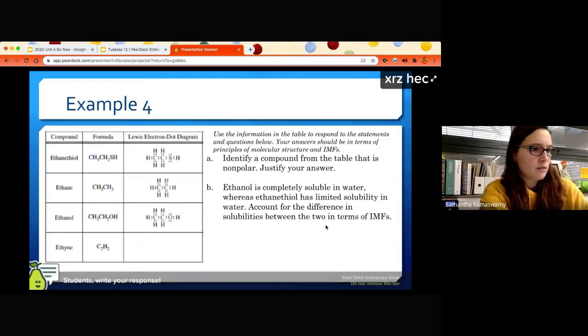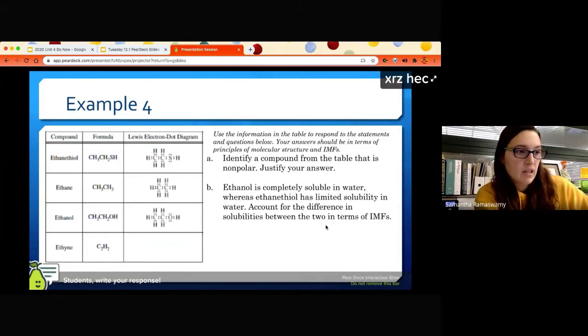For these responses, one of them says ethane is nonpolar because it's symmetrical. Good. Ethane is nonpolar because there's no pole towards any direction. It's even around the molecule, which is good. You're talking about dipoles. Another one says ethane is nonpolar because its molecular structure does not have any dipoles, which is good.